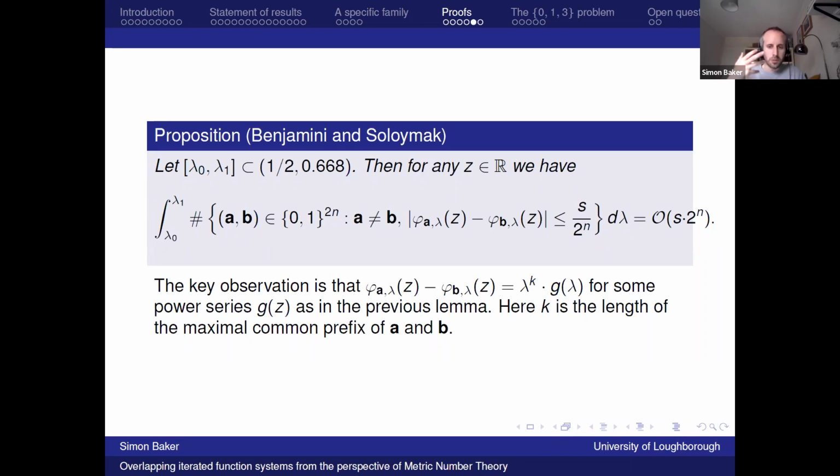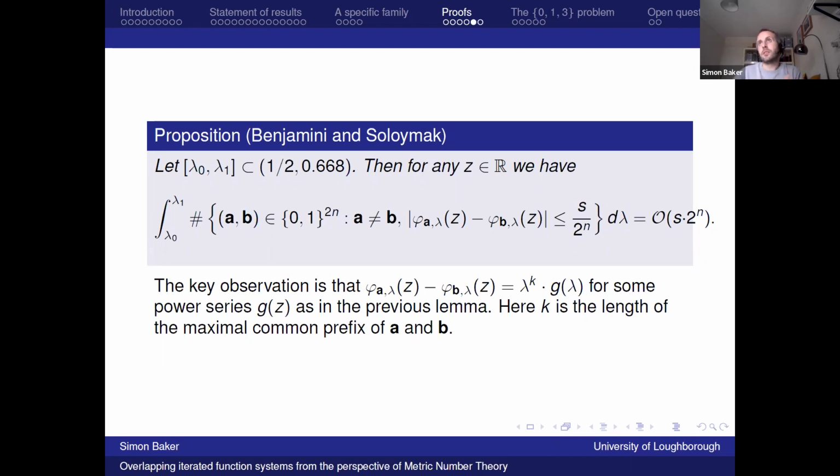How are we able to do it, before I explain why it's useful? The key observation is that if you look at the two images of z corresponding to different words, essentially what you're seeing is one of these functions g, which we had on the previous slide, which we know a lot about how they cut through the x-axis, for which we have these strong measure bounds.